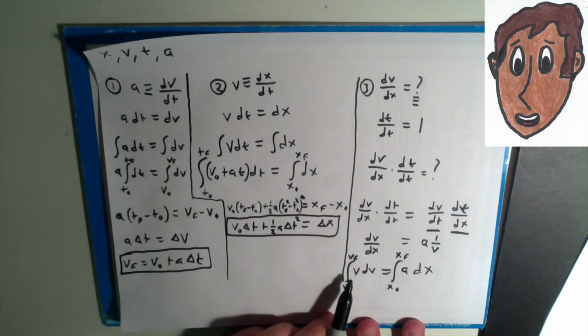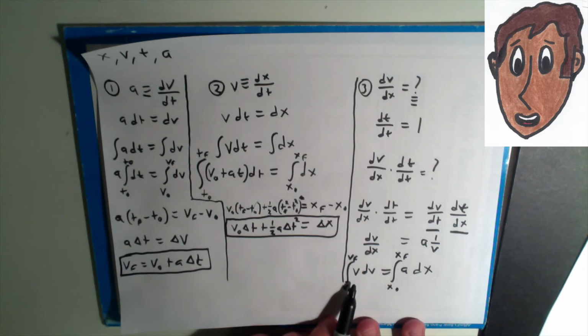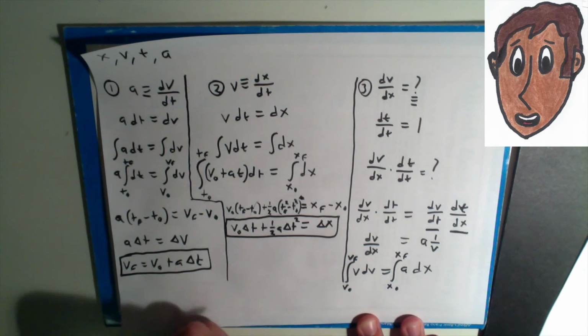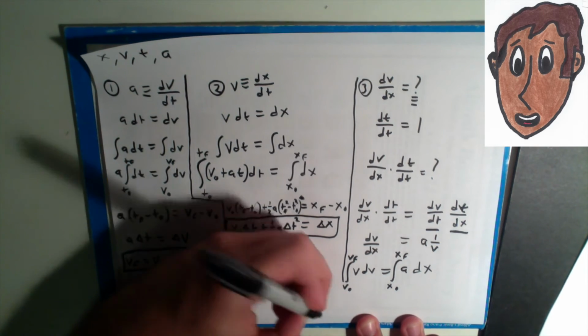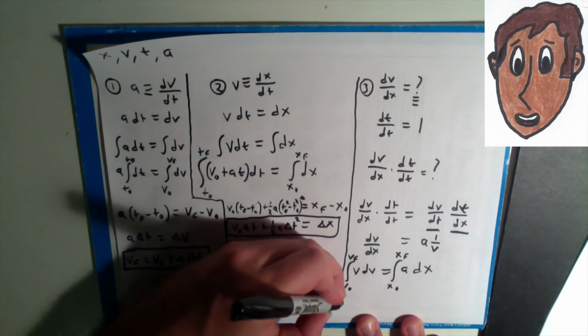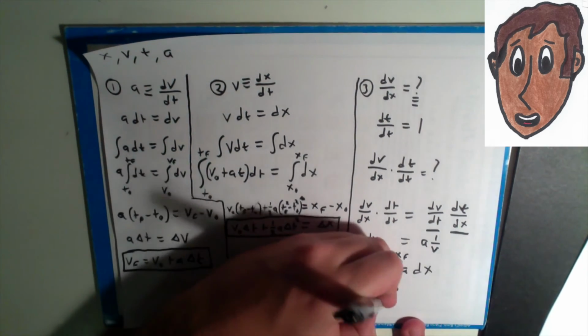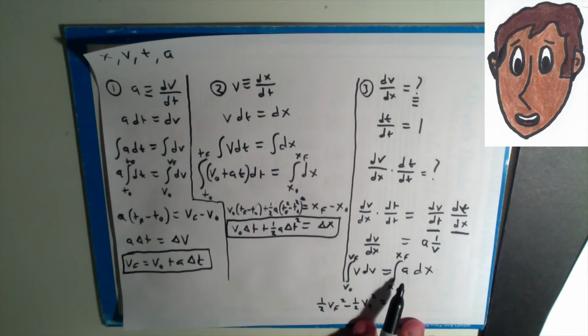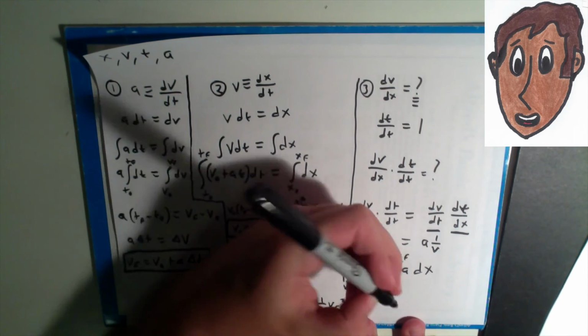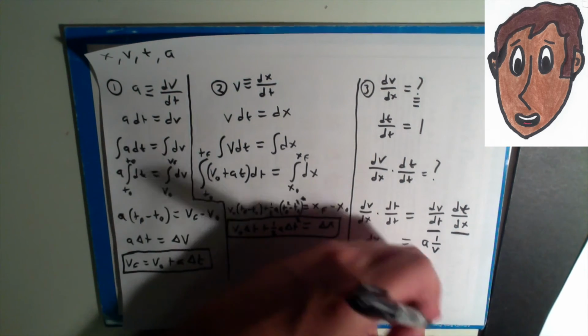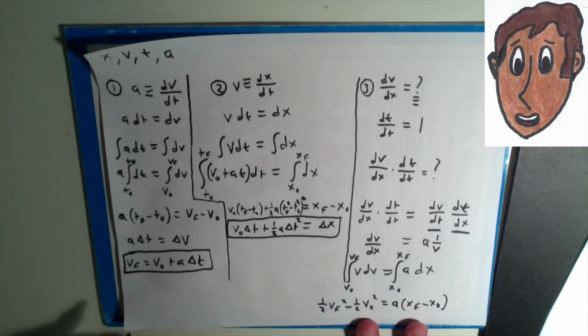And so again, the integral of v is going to be 1/2 v squared. So I have 1/2 v final squared minus 1/2 v naught squared. And then here I have a constant acceleration, so I can pull this out of the integral, and then we just get acceleration times x final minus x naught.